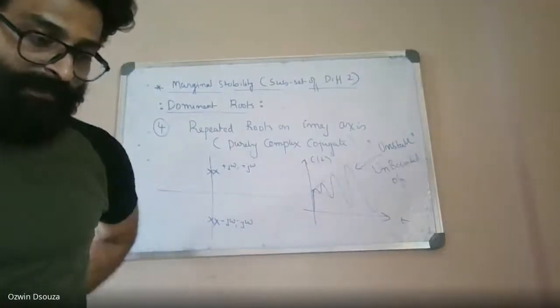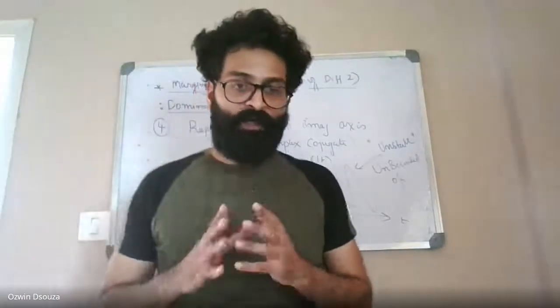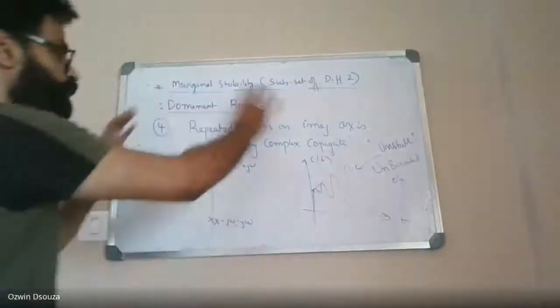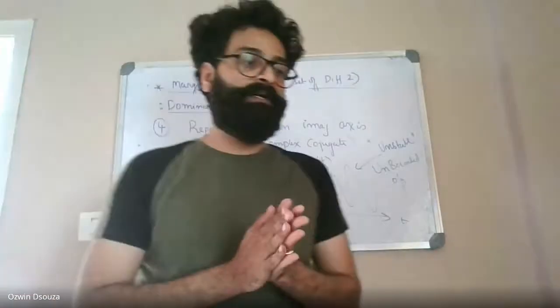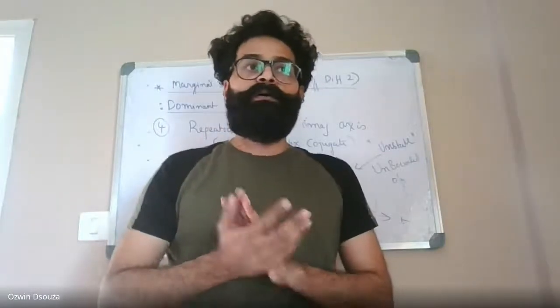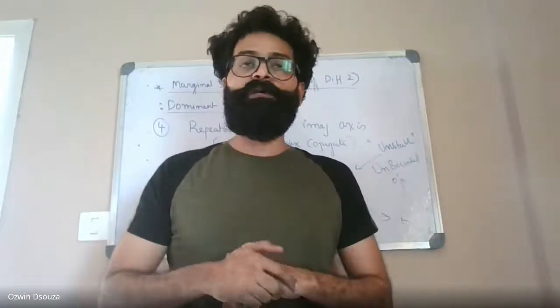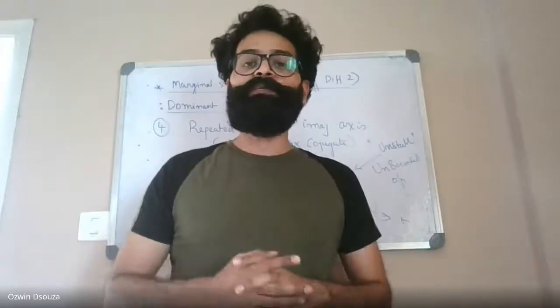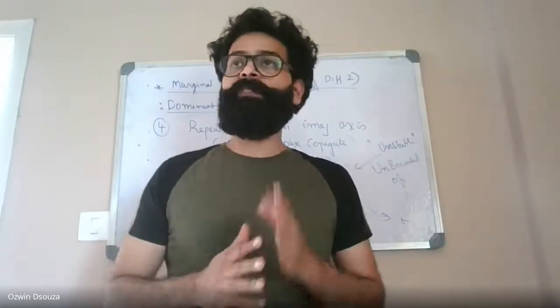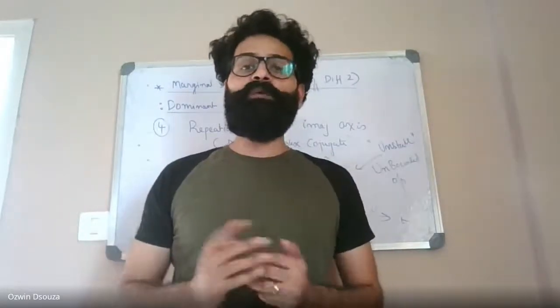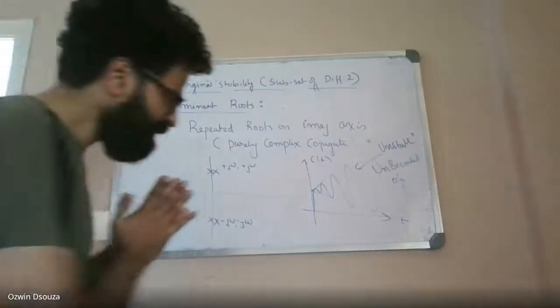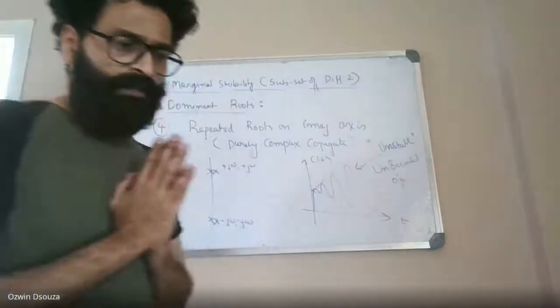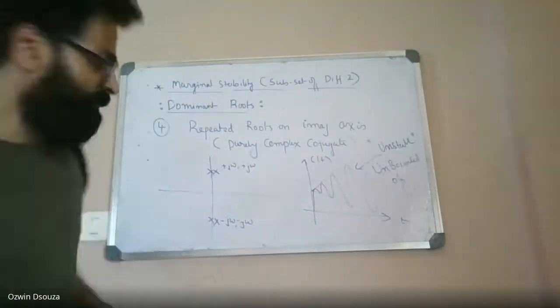So to judge the stability, we have to see which category the dominant root falls in, because there are 4 possibilities of dominant root nature. So 2 possibilities will give a marginally stable system, and 2 possibilities will give you an unstable system. Okay, so let's try to understand this dominant root nature with the help of a problem.